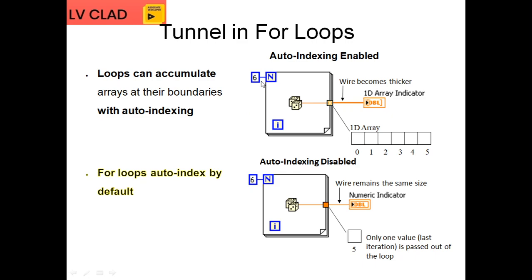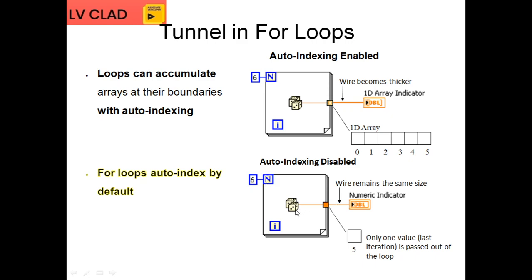Here the loop is executing 6 times. We have used a random number, so totally 6 times the random number will generate a value, and they will be accommodated in a single array in iterations 0, 1, 2, 3, 4, 5. So totally 6 values will be accommodated as an array when we have enabled auto indexing. But in the case of auto indexing disabled, what will happen?